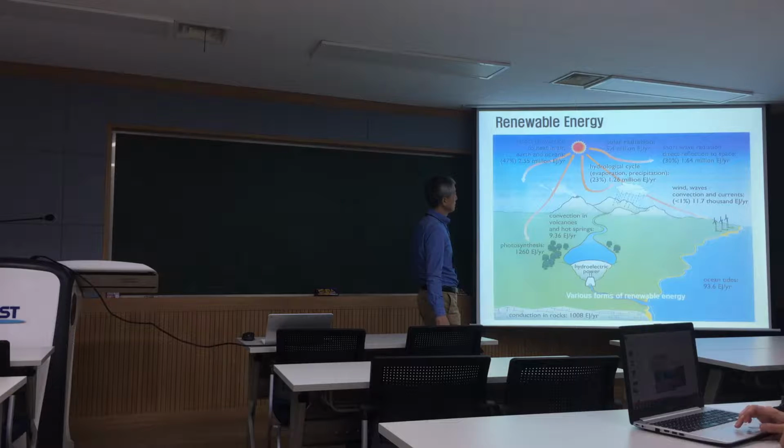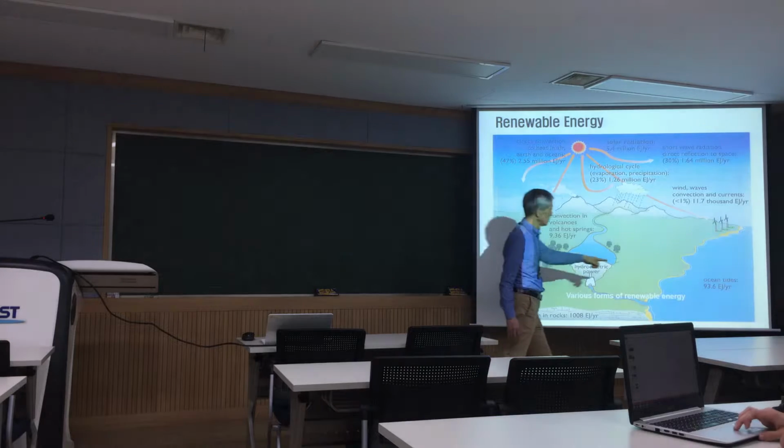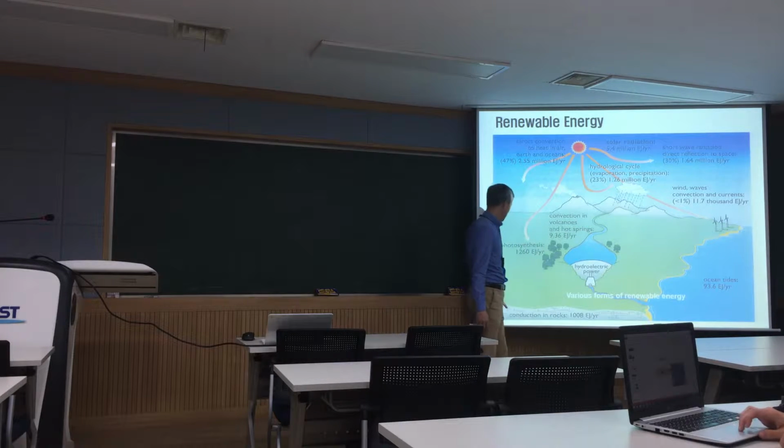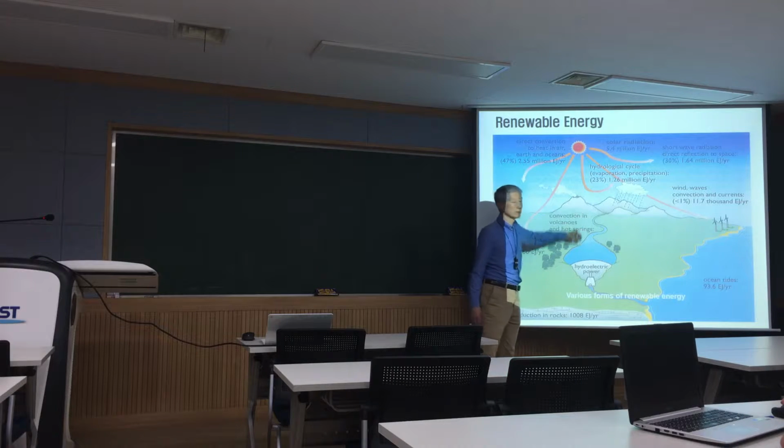And wave radiation, hydrological cycle, and wind, wave, and convection, and ocean tide is over here, and then in rocks and water, hydroelectric power, water energy, and also volcano is there.